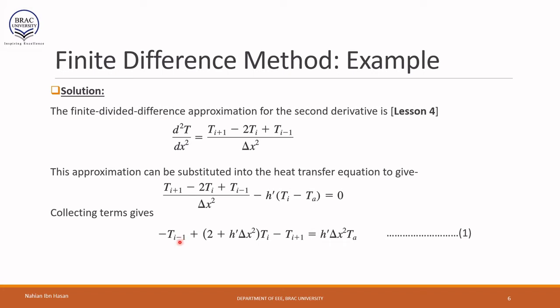Look at this, we have the temperatures at nodes Ti minus 1, Ti, Ti plus 1. So this is a general difference form of the original heat transfer equation. We have just substituted the differential term with the finite divided difference formula and then algebraically manipulated it to get this algebraic equation.